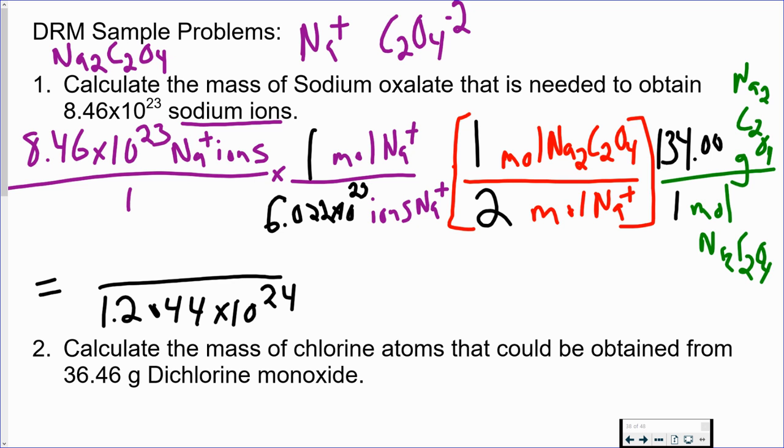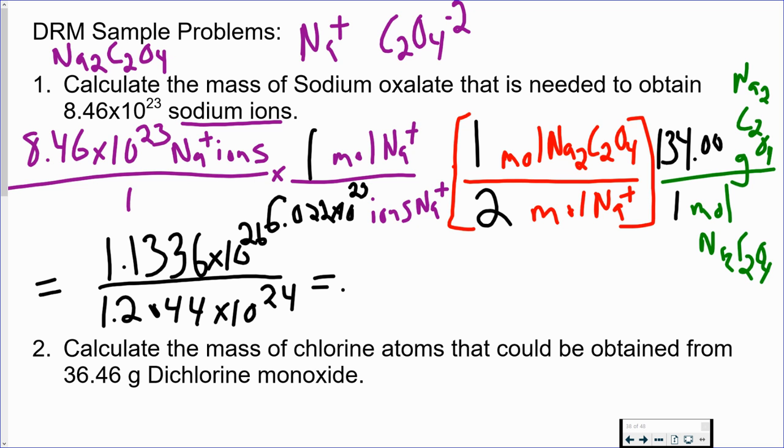On the top, you're going to get 1.13336 times 10 to the 26th. Now we're going to take some division. So you'll take 1.1336 divided by 1.2044.